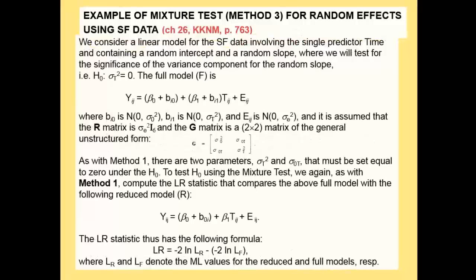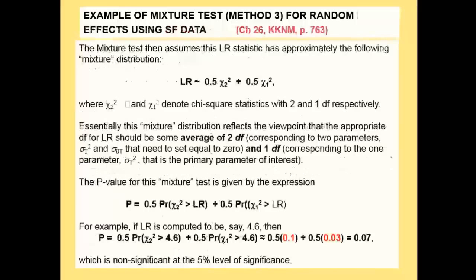The approximate Wald test sort of said, well, maybe the degrees of freedom should be 1, because going from this model to this model, you're only dropping 1 variable. But maybe it should be 2, because if you think of the number of parameters that have to be set equal to 0, maybe it should be 2. So you've got a question, should it be 1 or should it be 2? And so this is the formula for it. Chi-square 2, chi-square 1.